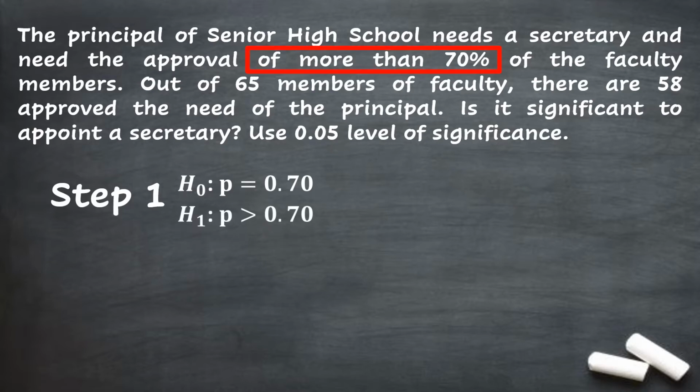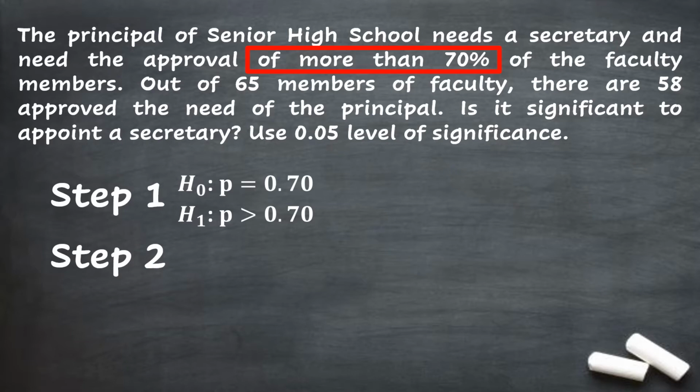And for the alternative hypothesis, since the statement in the first sentence is approval of more than 70%, our alternative hypothesis will be the population proportion is greater than 0.70. Or you can also use 70% if you want to.